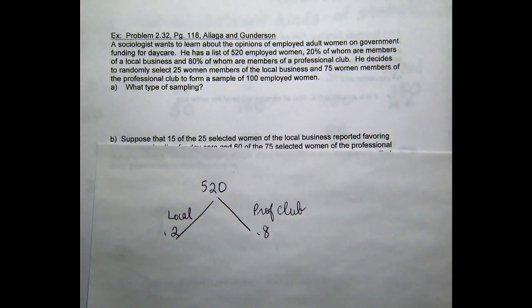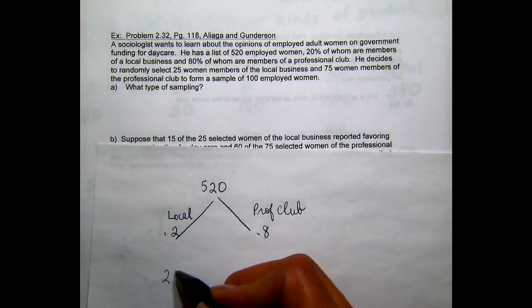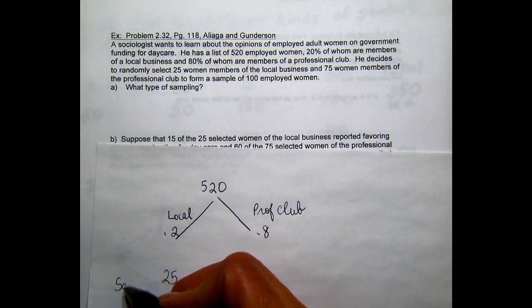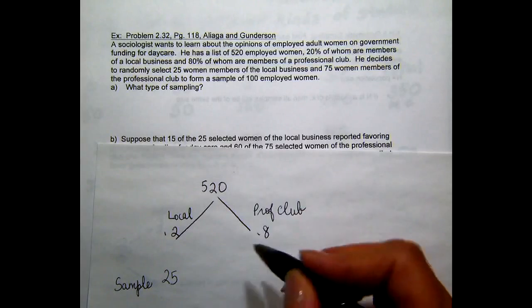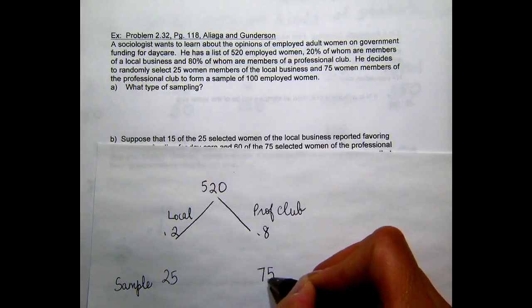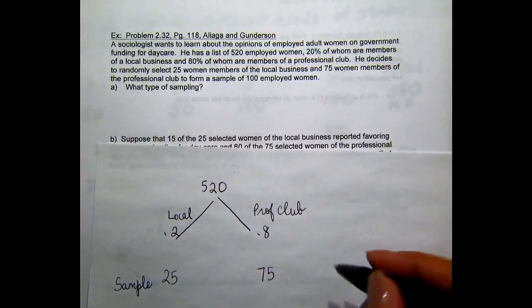He decides to randomly select 25 women of the local business club and 75 women of the professional club to form a sample of 100.